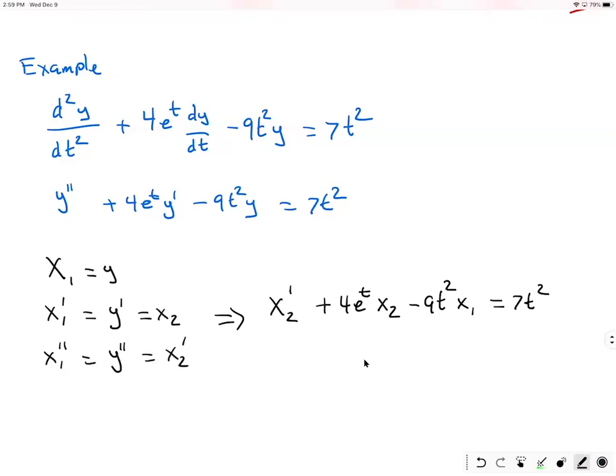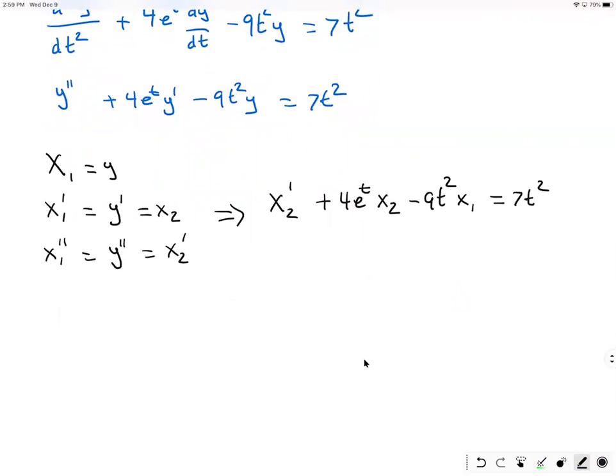Then I have x2 with the derivative, and then I have an x1. So I need another equation, right? So then I do x1, take its derivative, is equal to x2. And this is a system of differential equations.